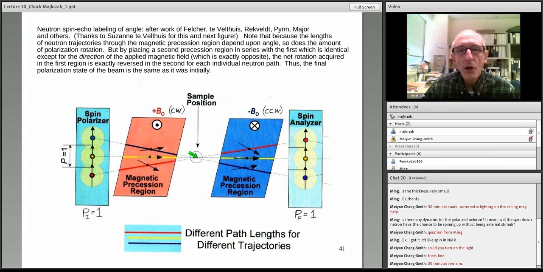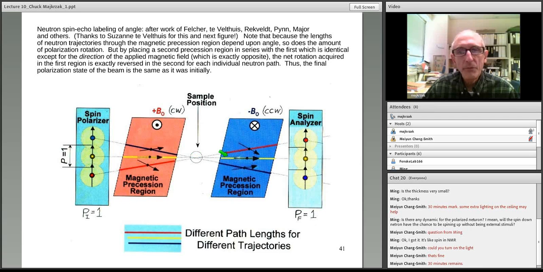If there's no sample here, and I look at the polarization at this point, the spins when they come out of here, because of their different path lengths, will no longer be lined up. They'll come out with a distribution. But if there's no sample, nothing happens across this zero field region.